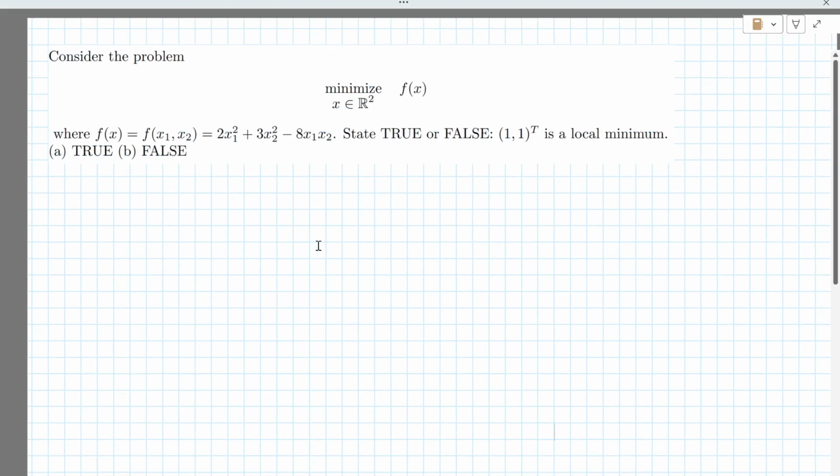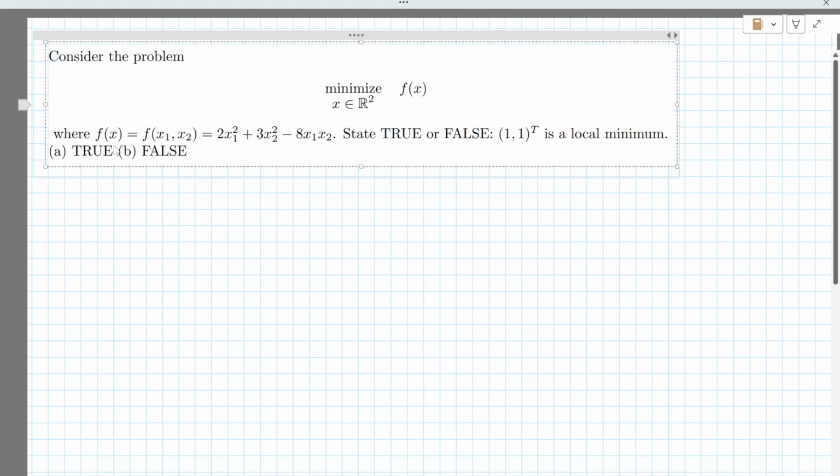This question is asking, if we have this unconstrained optimization problem, where f of x is defined via these two variables, state true or false: (1, 1) transpose is a local minimum. So how do you check that?